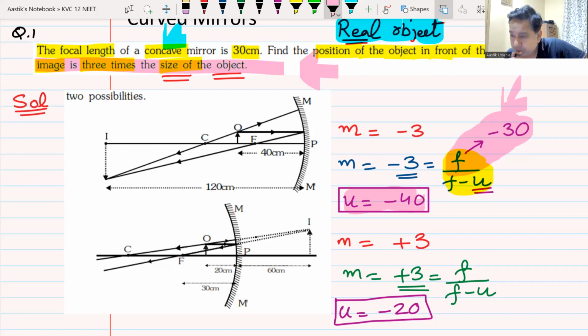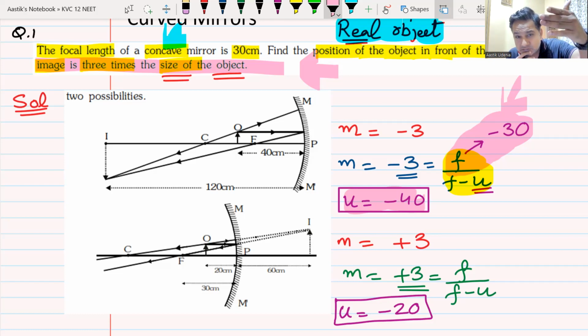Yes, sir. Image is 3 times the size of the object. So, in terms of things that we know, which value is given here? How do you relate the size of the object with the size of the image, my dear friends?